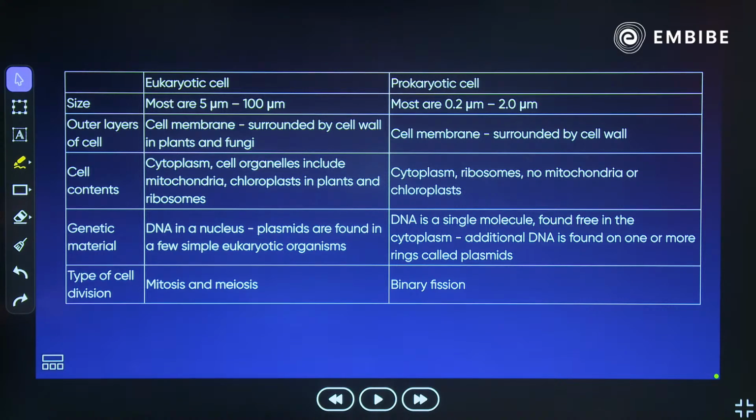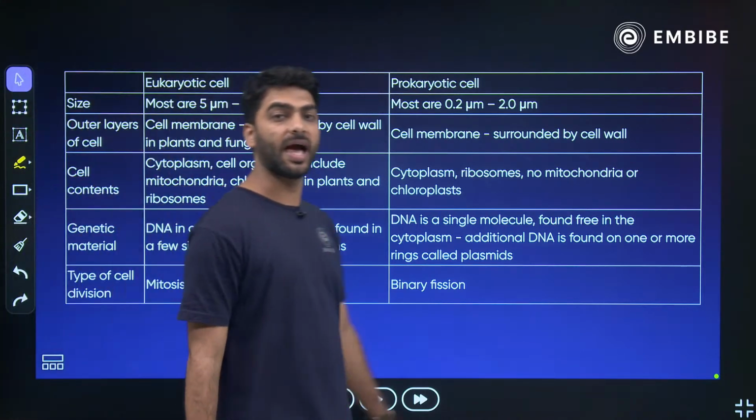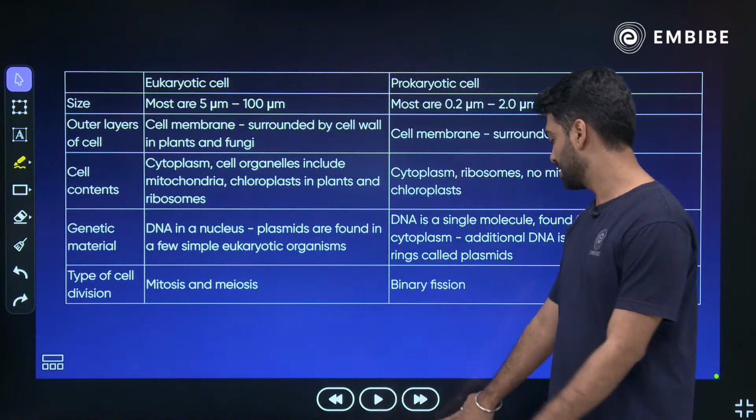Let's go, 5, 4, 3, 2 and 1. So that was your prokaryotic and eukaryotic cell difference.